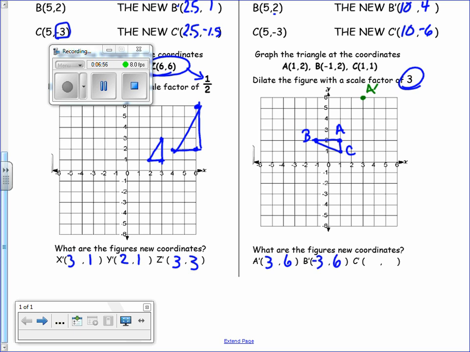So I have negative 3 up 6. That would be my B prime. And finally, I have 1, 1. 1 times 3, 3. 1 times 3, 3. So C prime is going to be 3, 3. So I go over 3 up 3. So my larger dilated right triangle, A prime, B prime, C prime, has now been created. Thank you.